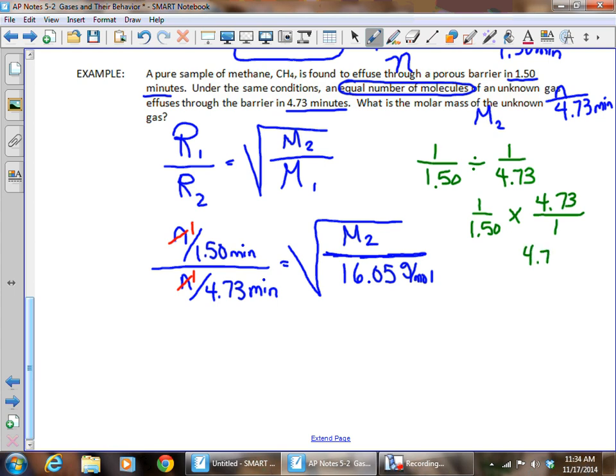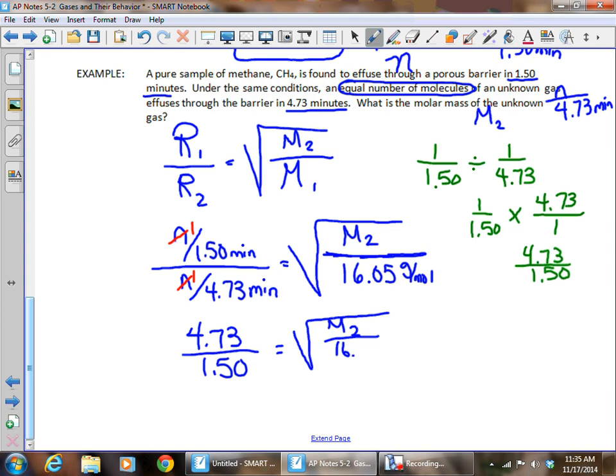We end up with 4.73 over 1.50. Be very careful, you'll end up with a reciprocal there and you'll get the wrong answer. So 4.73 over 1.50 is equal to the square root of M2 over 16.05.